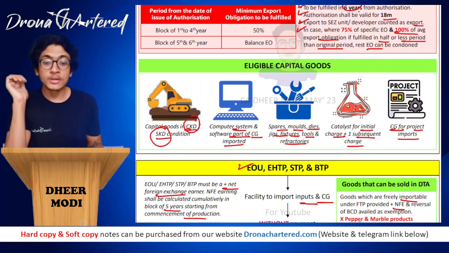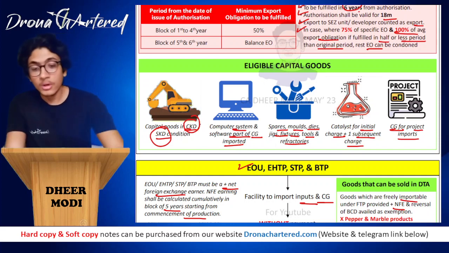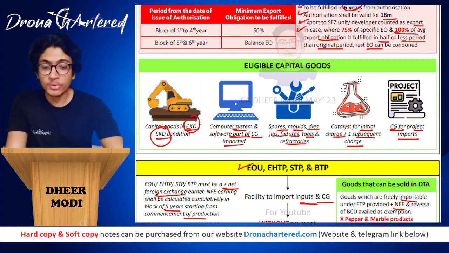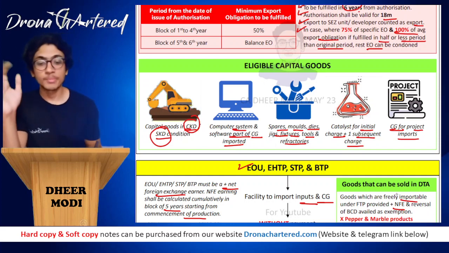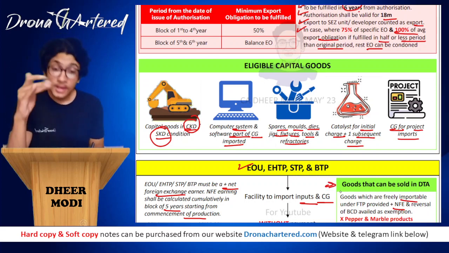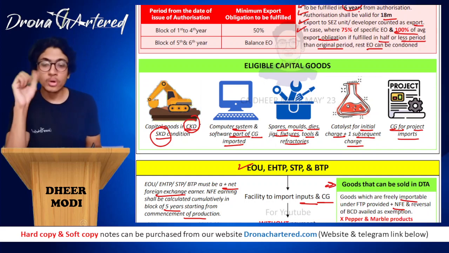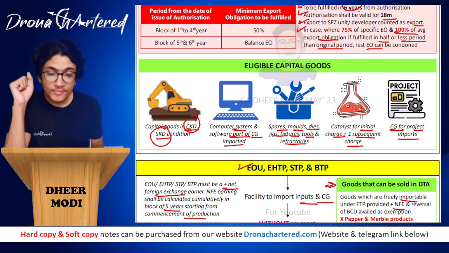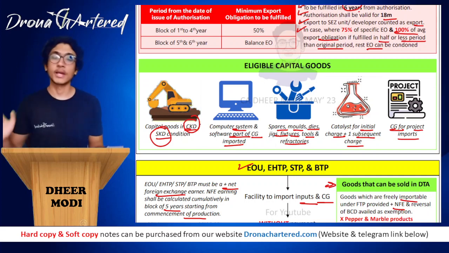Certain things are not allowed: pepper is not allowed, marble products are not allowed. And the last part of this chapter is services provided in DTA. So this was goods provided in DTA. Below there is another small box which you cannot see, that is services provided in DTA, up to 50% of FOB value of exports.